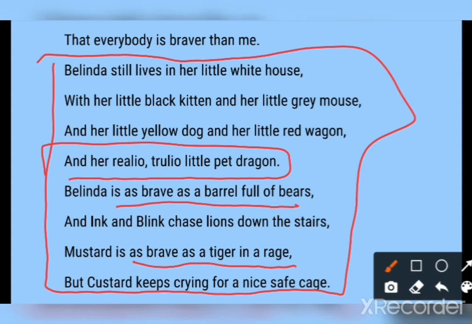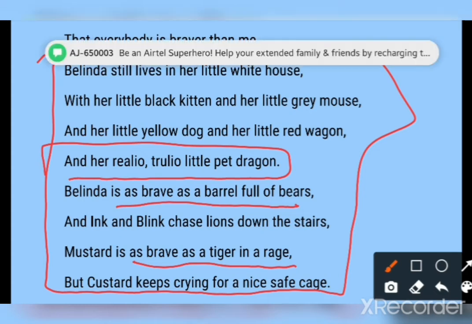So the poetic devices which we find in the first two stanzas are already in these two stanzas also, because they are a repetition, they are a refrain. These two stanzas are repeated at the last in the poem. The first two stanzas are the same stanzas which are the last two stanzas of the poem.